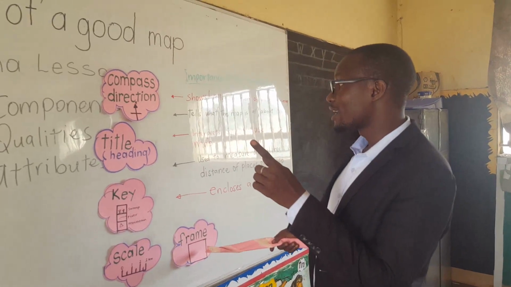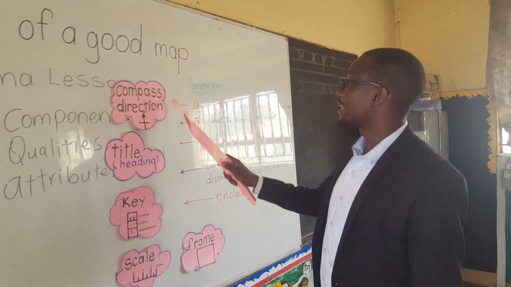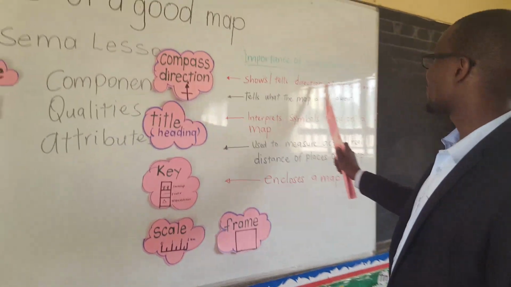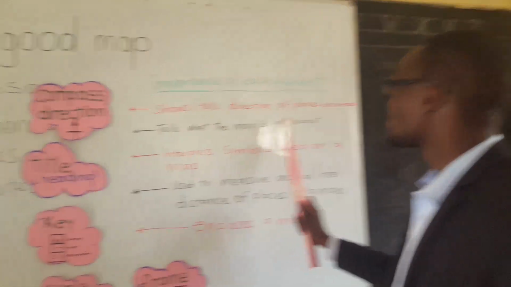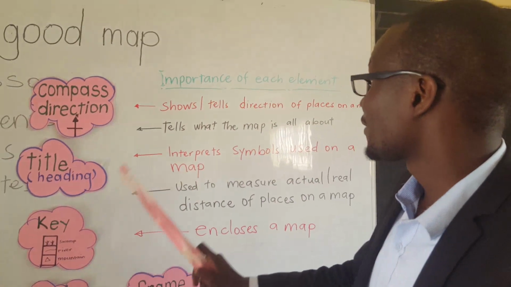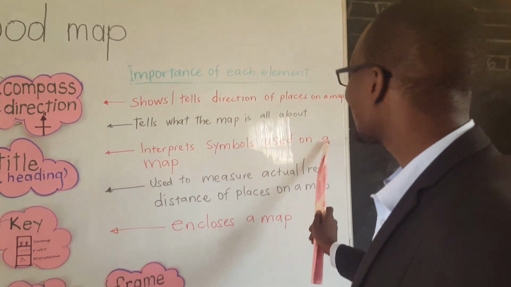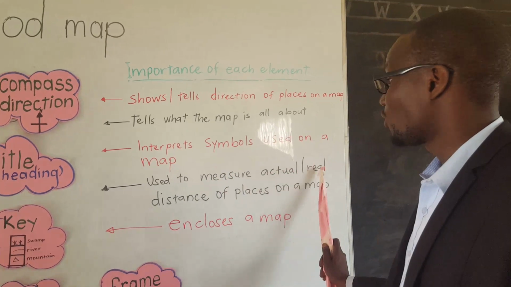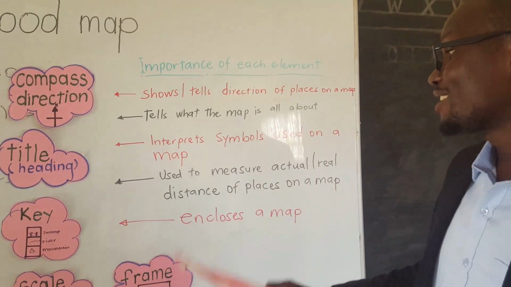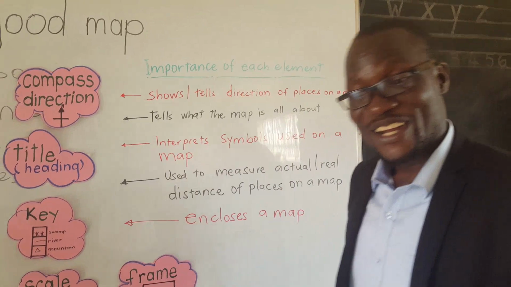We have seen them there. We have also learned that the compass shows or tells direction of places on a map. The title tells what the map is all about. The key is used to interpret symbols on a map, and the scale measures actual or real distance of places, and the frame encloses a map.